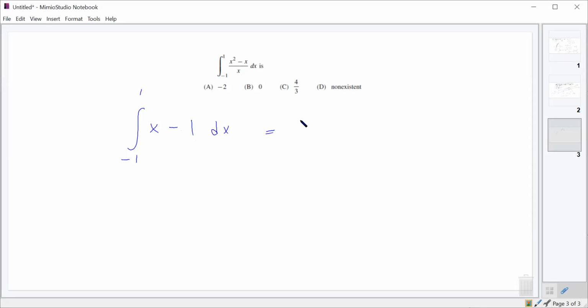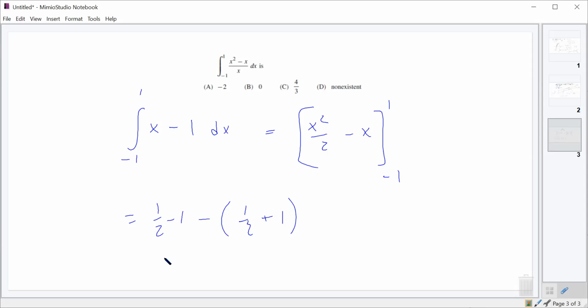So this becomes x squared over 2 minus x from -1 to 1. And that becomes a half minus 1 minus a half plus 1. So we've got -1/2 minus 3/2, which looks to be -2.